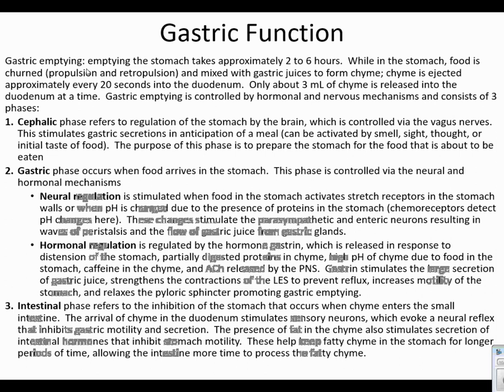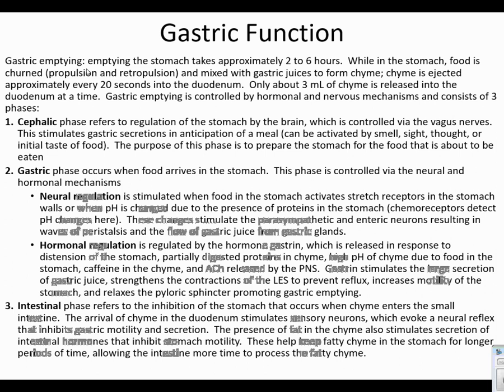So as food enters our stomach, our stomach will stretch. It distends, as we call it. That activates the release of chemicals and begins the muscle contraction. So does a change in pH. pH changes as food enters our stomach, especially proteins. And that triggers the same thing. Release of gastric juice and waves of peristalsis.